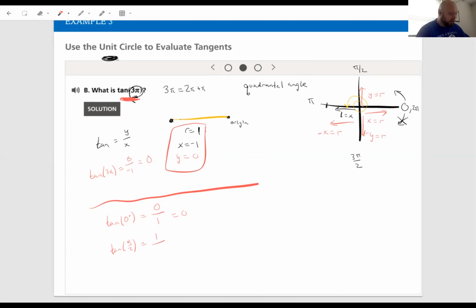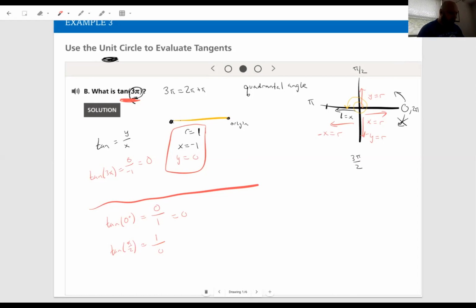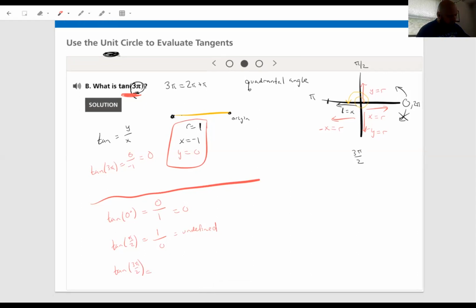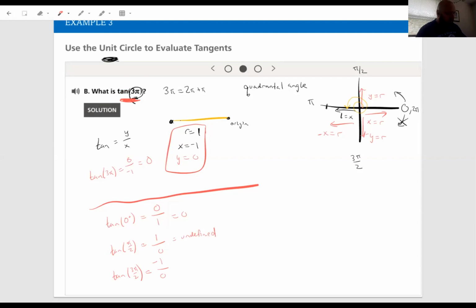I didn't move anything in the x direction, but all I did was go up. 1 divided by 0 is undefined because you can't divide by 0. And similarly, for the tangent of 3 pi over 2, if you go down 1 unit, but you didn't move left or right at all, you can't divide by 0. So again, that would be undefined.